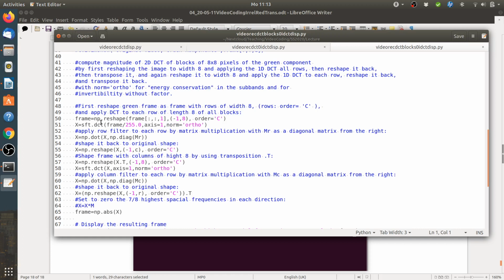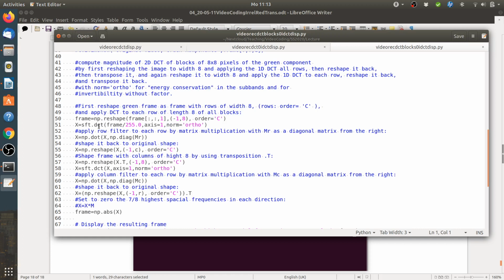That's why I'm using reshape instead of for loops. Reshape allows me to reshape this image into rows of a short length of just 8 pixels, so after each 8 pixels it starts a new row. Then I'm applying the one-dimensional DCT to each of those short rows. I'm applying it to this reshaped frame, and this frame now has rows of size 8.